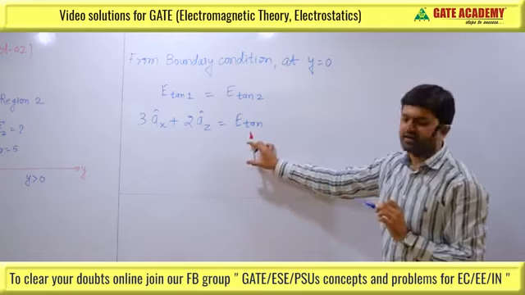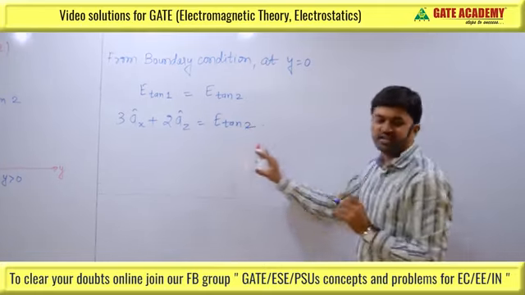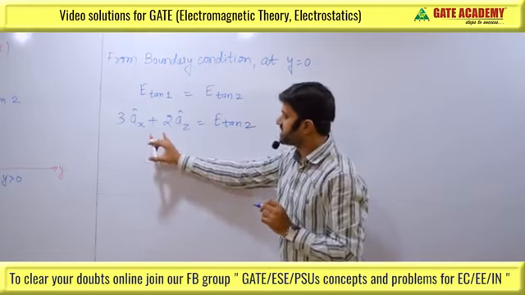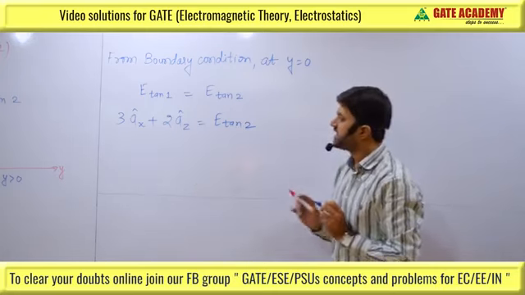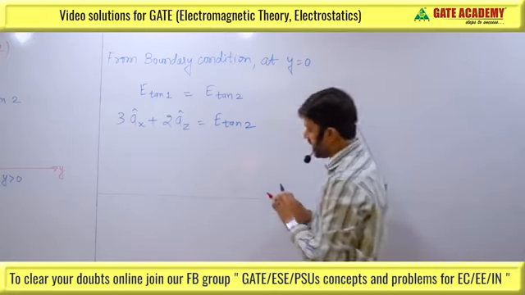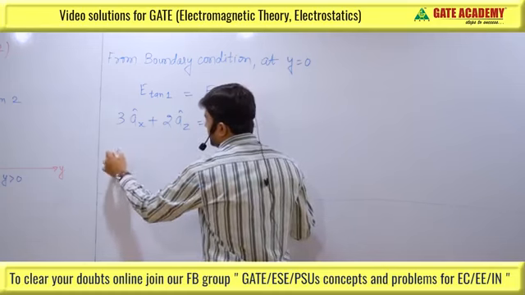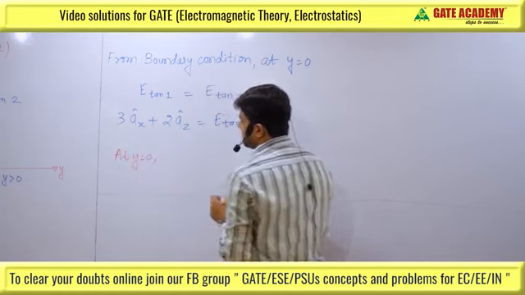So the tangential component of electric field in region 2 will also be 3ax plus 2az.